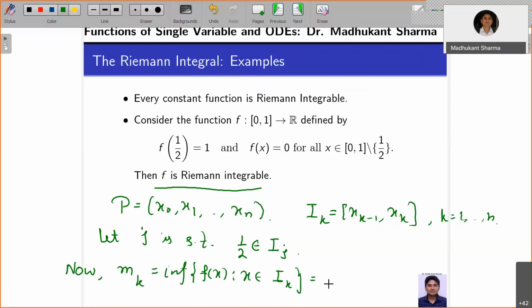If k is not equal to j, the function is 0 entirely on that interval, so mk is 0 for all k not equal to j. What about k equal to j? For the jth interval as well, f of 1/2 has value 1 and f(x) is 0 elsewhere on that interval. But it is the infimum of that set, so it is still 0 for all k.